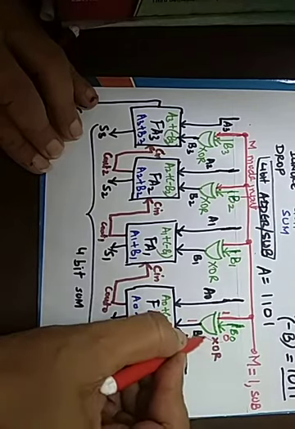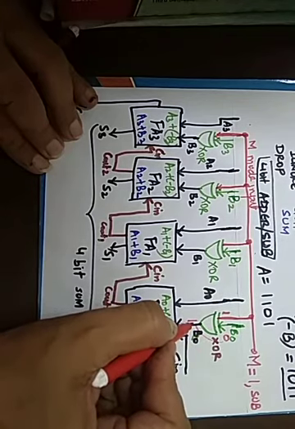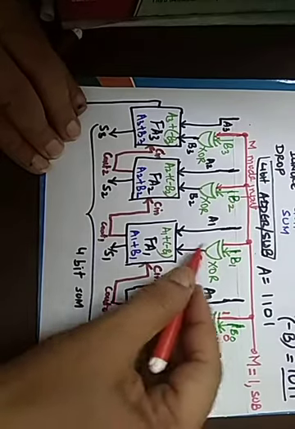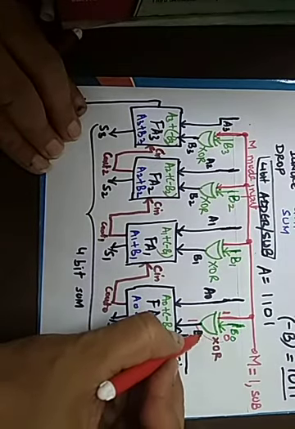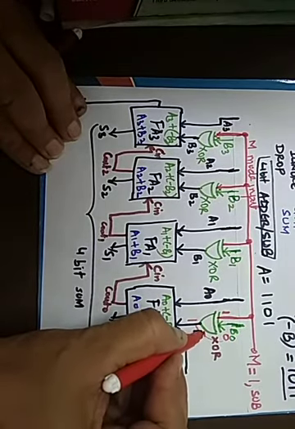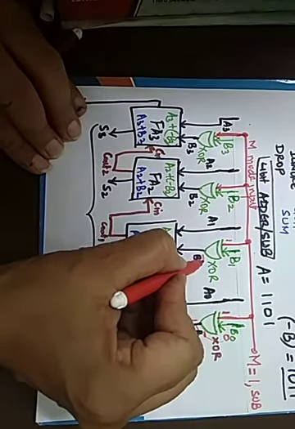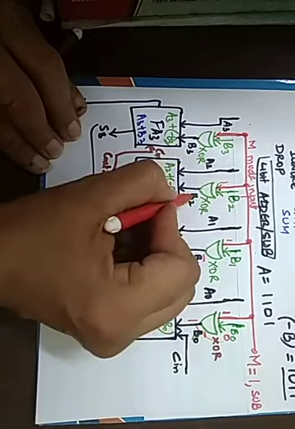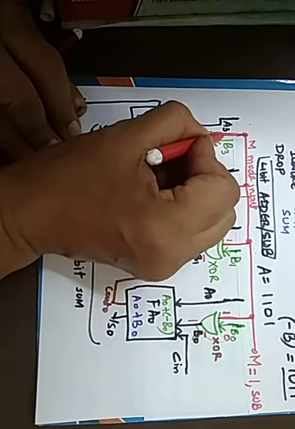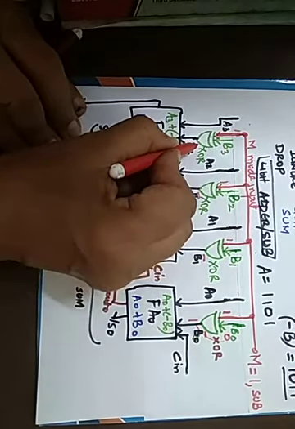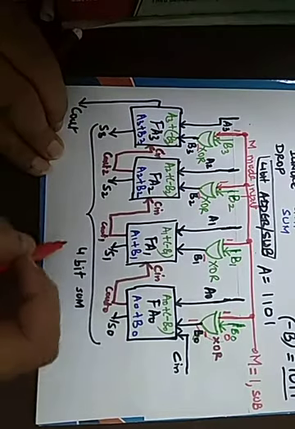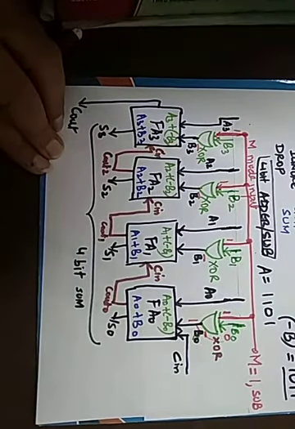So this is the opposite of B. This will give you B0 bar. Similarly, if M is 1 here, this will give you B1 bar. If M is 1 here, this will give you B2 bar. If M is 1 here, you get a B3 bar over here, complement of B. Now this gives you the 1's complement of B.